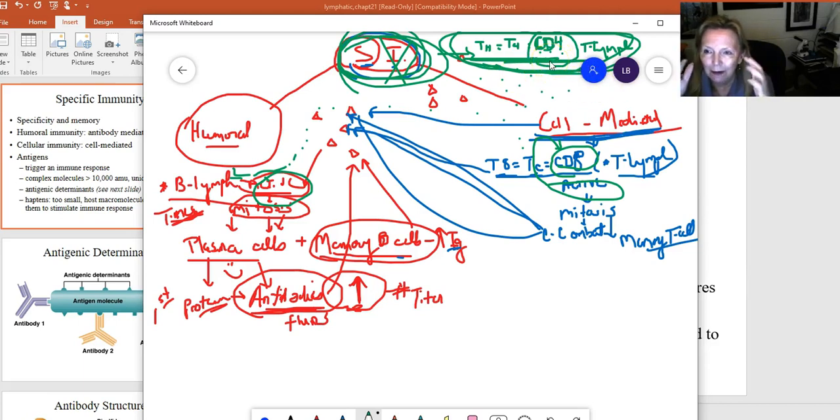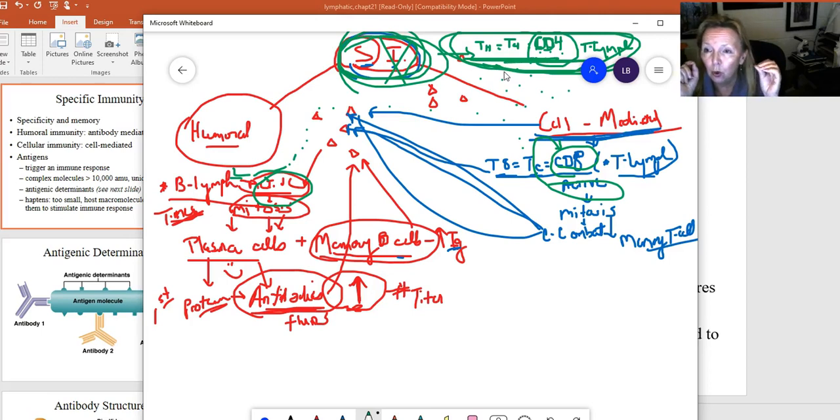We should have a minimum of 600 of these specific T lymphocytes, the helper Ts, per microliter of blood circulating around. Once that number goes below about 200 cells per microliter, you're said to be in full-blown AIDS.